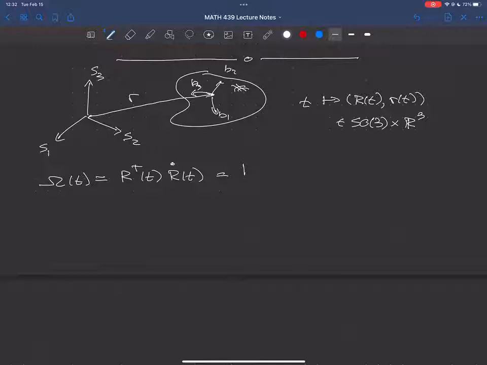So sometimes I'll write omega when I really meant omega hat. So here I mean omega hat. I can either make that omega hat or I can put a big check over that, either way. But this is the body angular velocity. And then the spatial angular velocity is kind of the other way around.